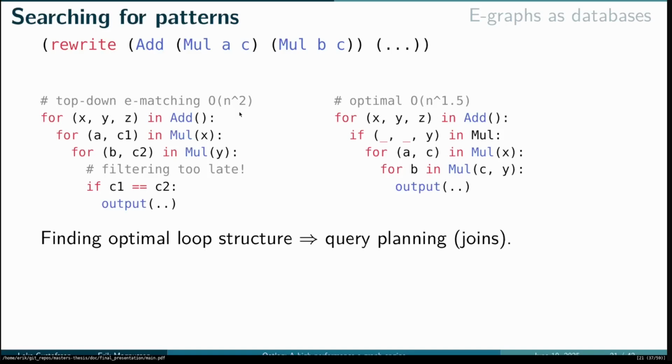This left thing is a natural way of doing the loops, because if you recursively walk your tree pattern, you will get this sort of structure. So the optimal thing would be to do some early exit checks and do some more indexing. Finding this optimal loop structure is actually the same problem as query planning in a relational database.